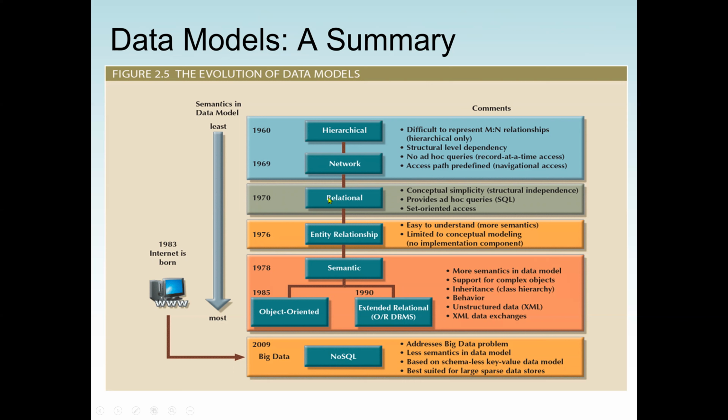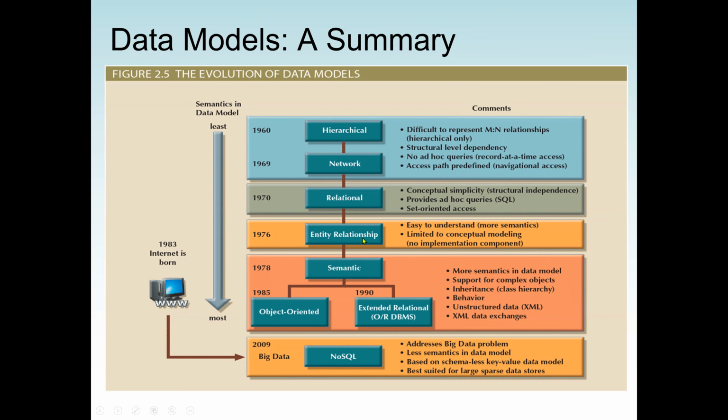Then in the 1970s, the relational database started. This was developed in an IBM lab in the early 1970s. It offers conceptual simplicity, and also provides ad hoc queries such as SQL.